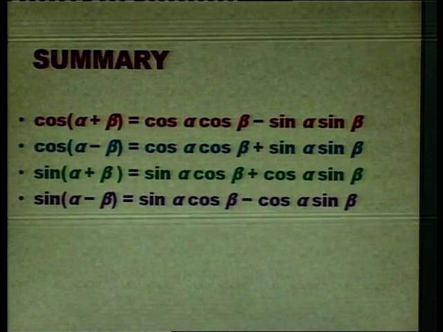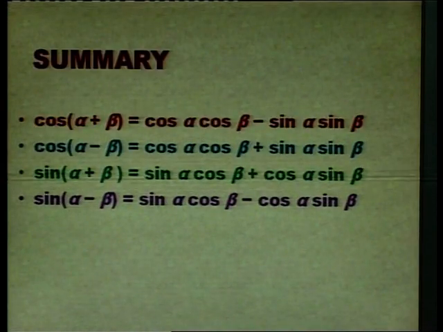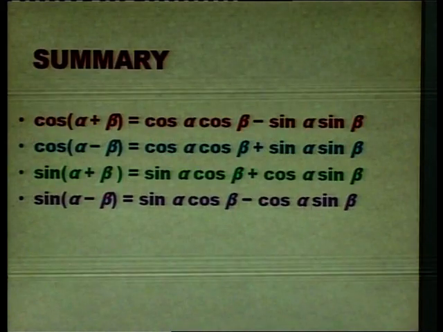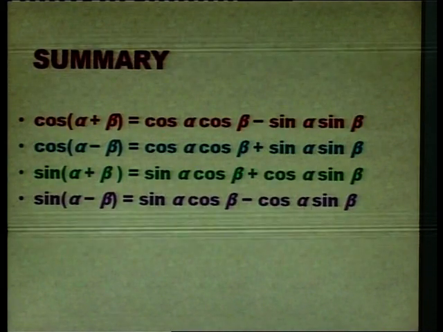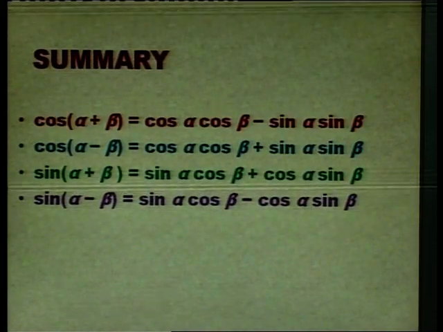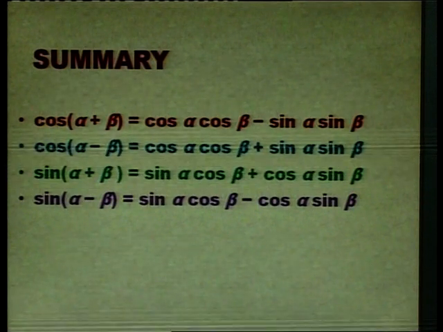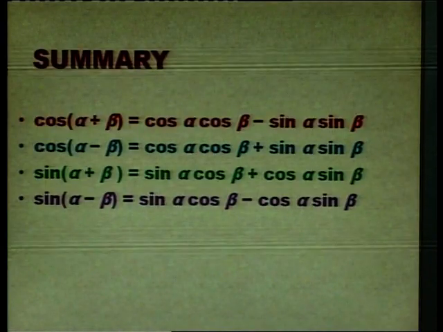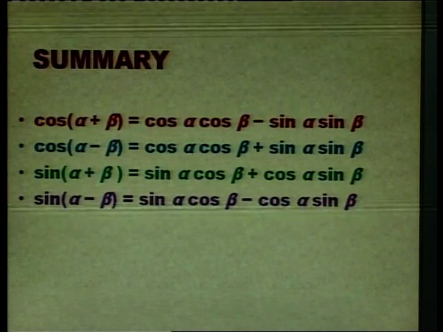And here there is a remark, because I have basically proved cos of alpha plus beta is equal to cos alpha cos beta minus sin alpha sin beta, and with the help of this formula only I have derived the rest of the formulas. But that does not mean that these are the only proofs.